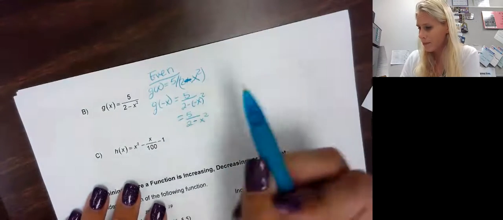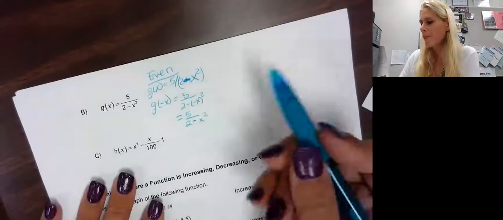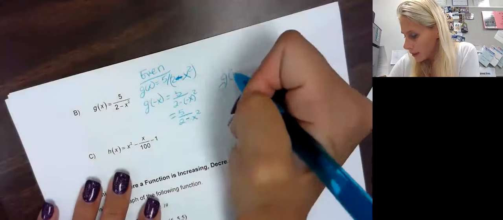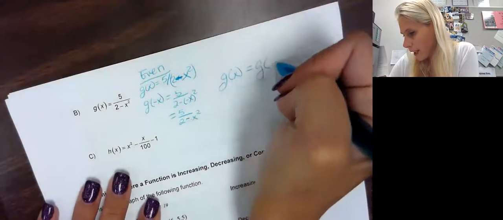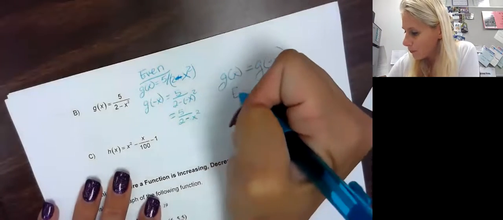Make sense? Negative times itself is a positive. What do you know? That means that g of x does equal g of negative x. So that means it's even.